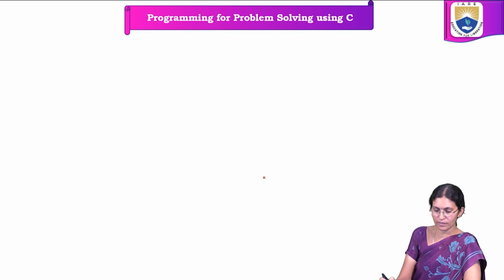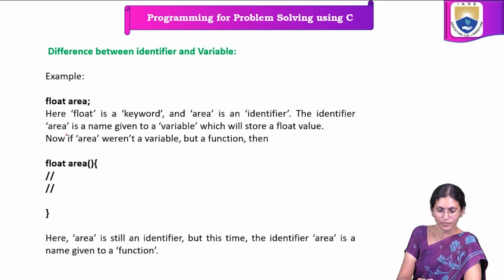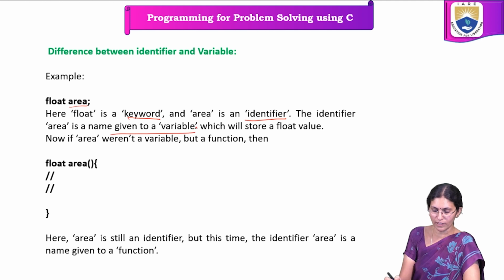Now let us understand this with another example. If you declare a variable area of type float, here float is a keyword and area is an identifier. The identifier area is the name given to a variable which will store a float value. Now if area wasn't a variable but a function, we declare area with a function name.